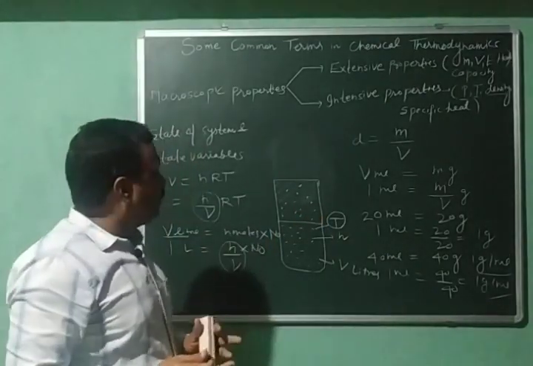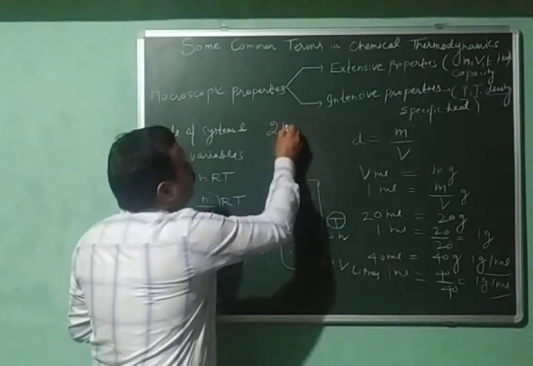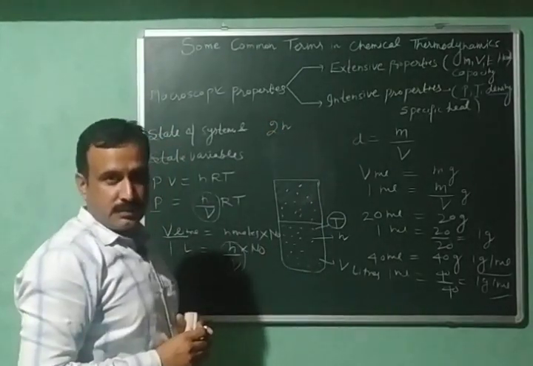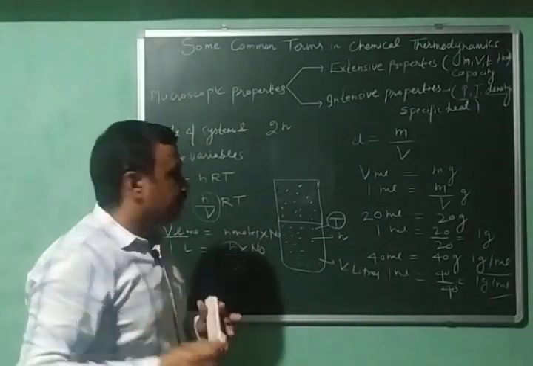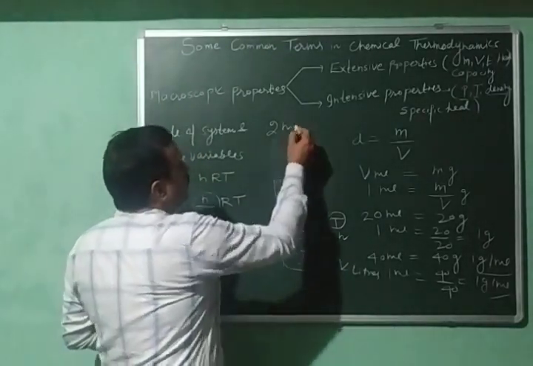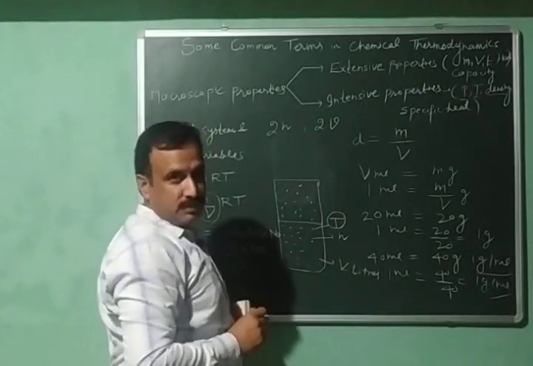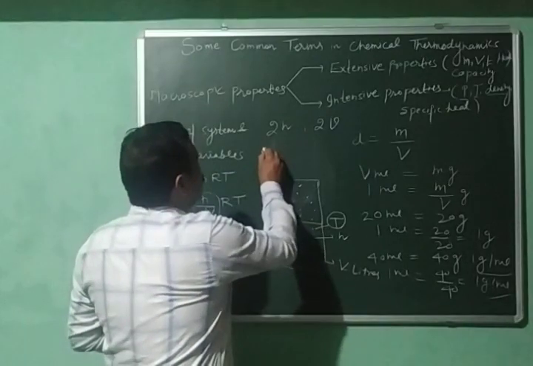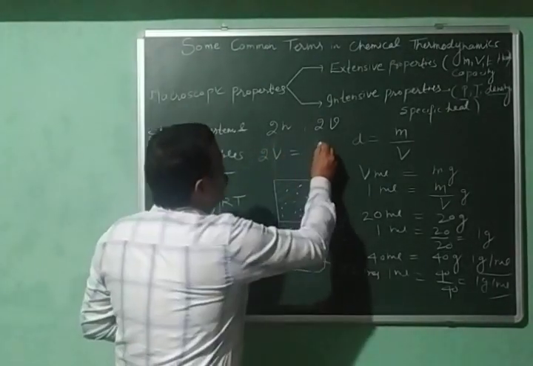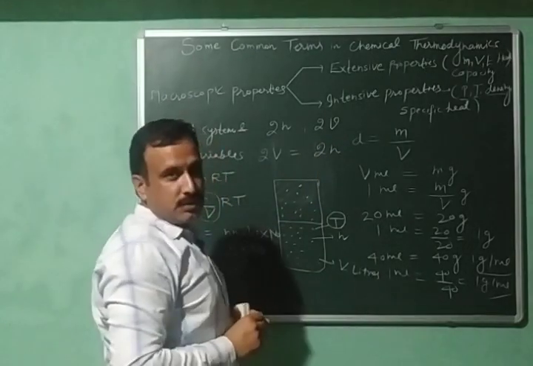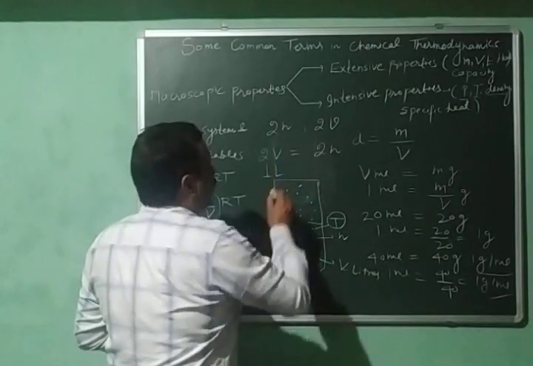Now how many moles do we have? The number of moles we have is 2n, it has doubled, and the volume has also doubled, the volume is 2V. So in 2V volume I now have 2n moles, and in 1 liter, how many moles?